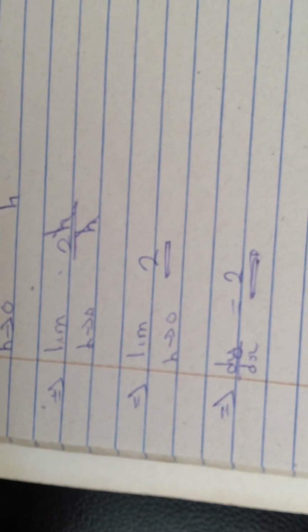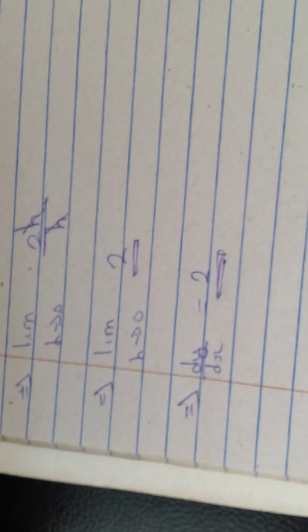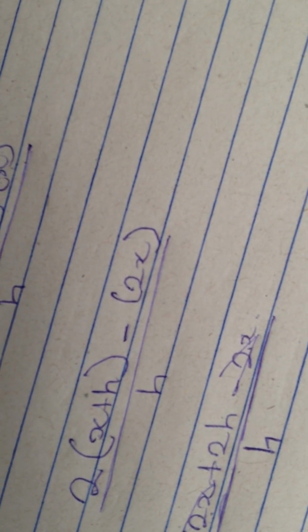Our final answer was this one here, dy/dx equals 2. Okay, so let's proceed to the next question. Let's try by all means to remember these things. This was the first question. We go to the second one.